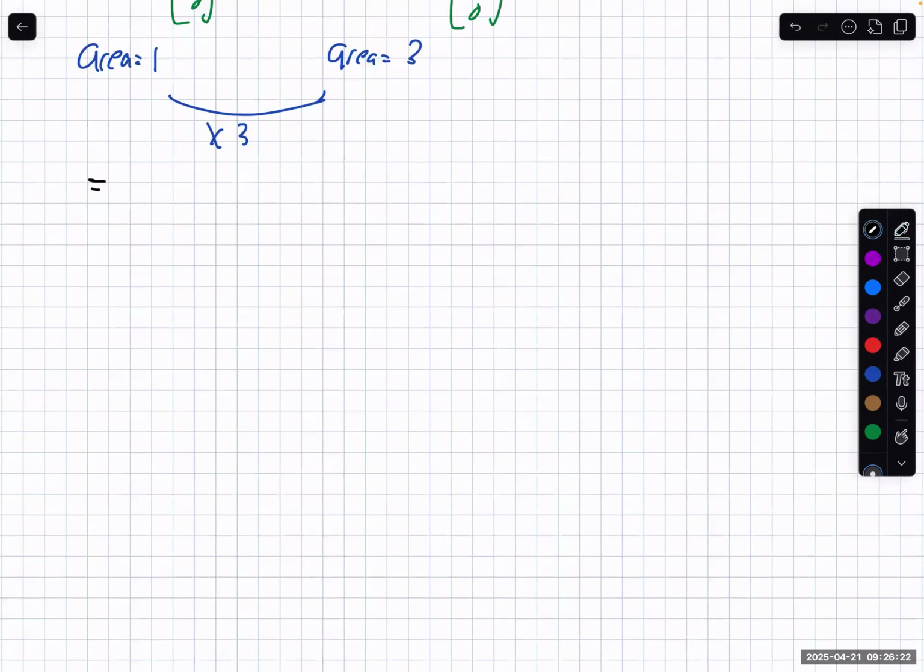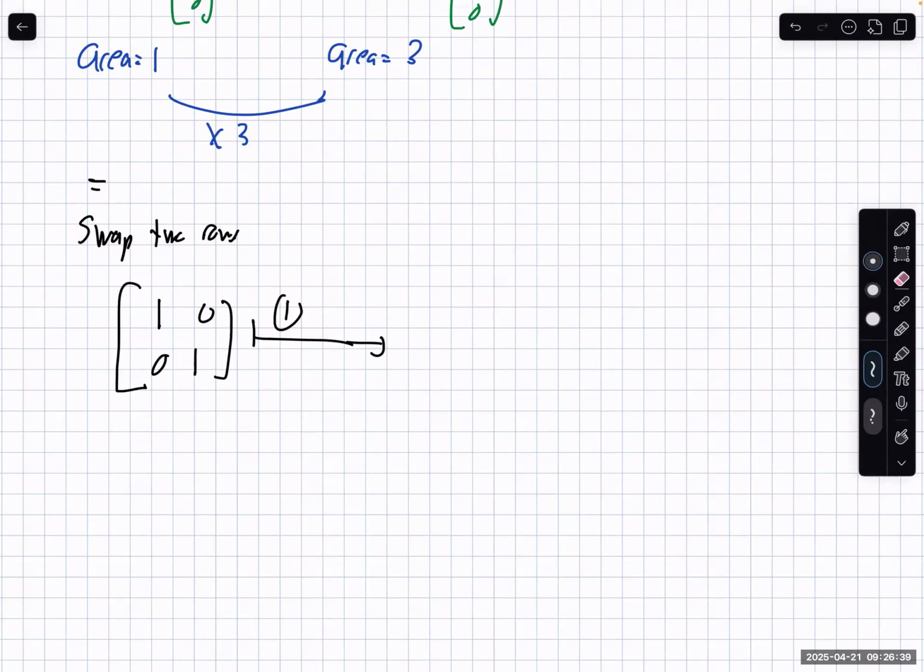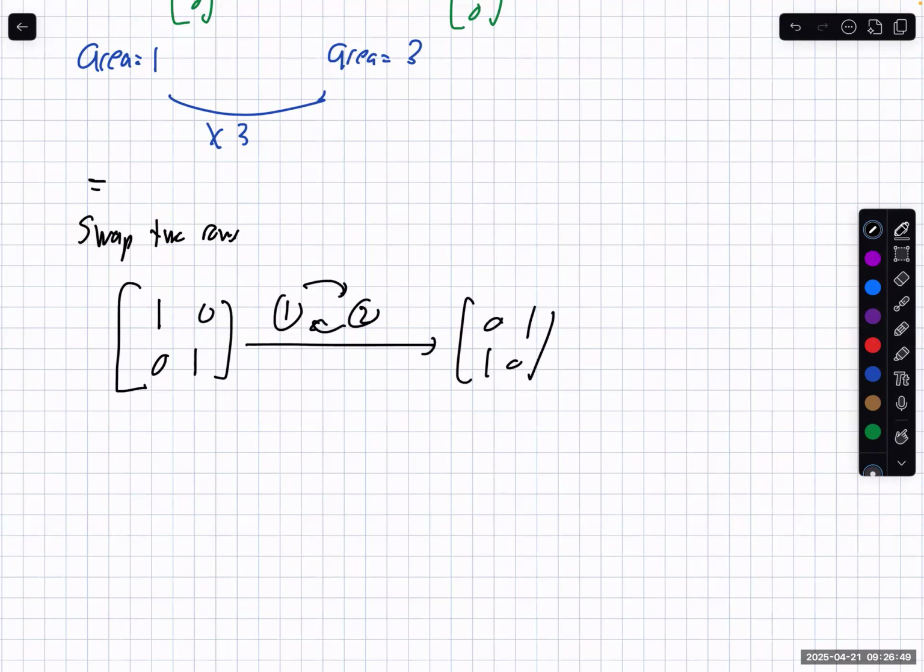Okay, next one. If I swap 2 rows, this is a little bit weird.